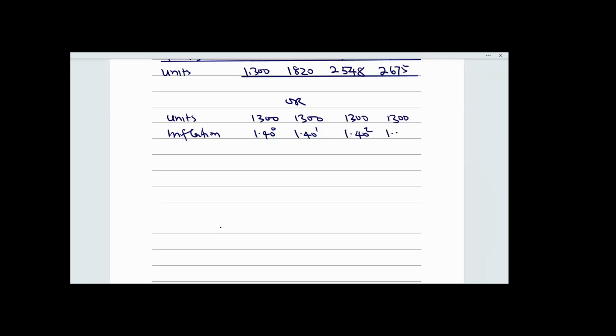Then this 1.40 raised to power 2 will then fall to 5%, so multiply by 1.05, okay.